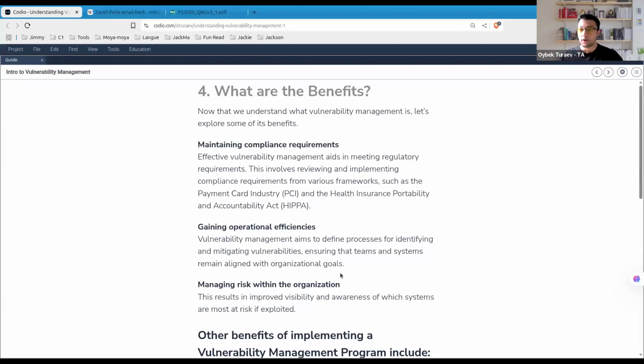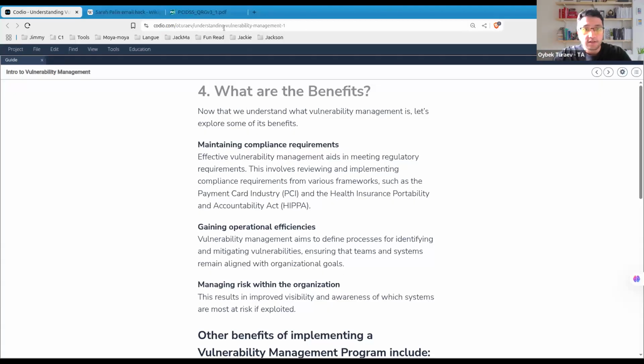These organizations require every organization associated with their data or their clients' information to follow certain requirements to be compliant with them. For example, PCI DSS requires how many times a year you should run vulnerability management.